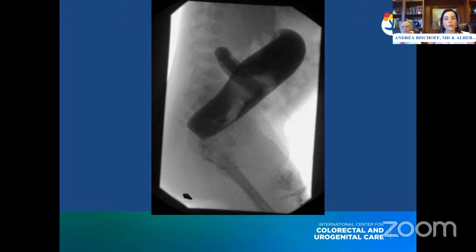Do I have enough bowel? So if I am present and I have this information, I stop, because I was concerned to keep injecting since this distal bowel was already very distended and the baby was very uncomfortable already. But this is a rectoprostatic fistula.